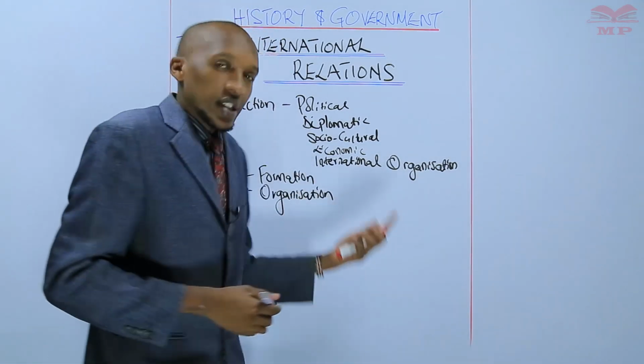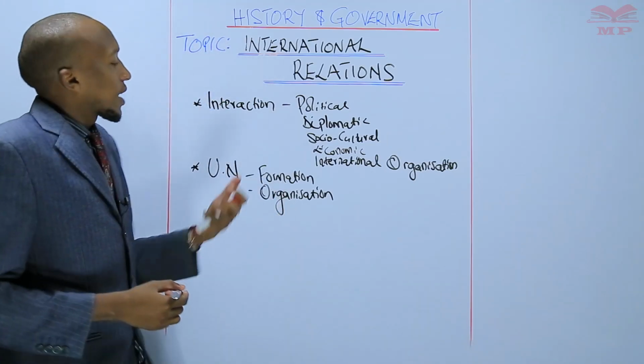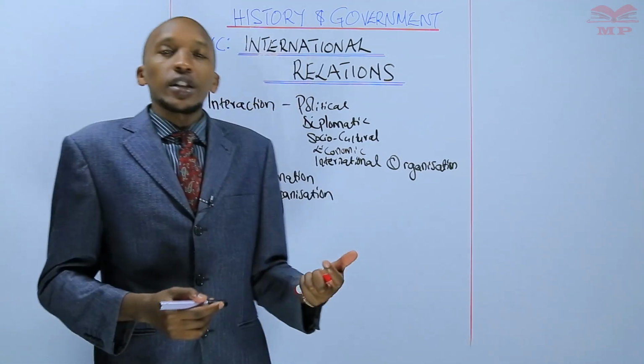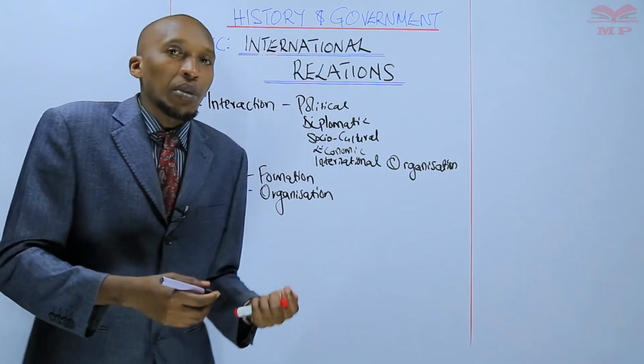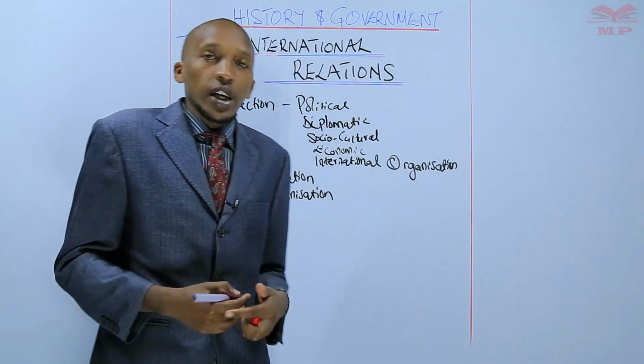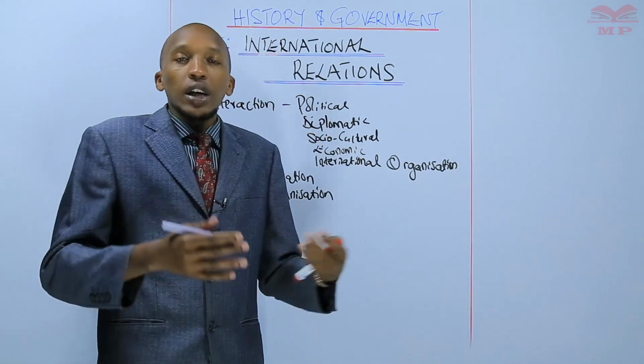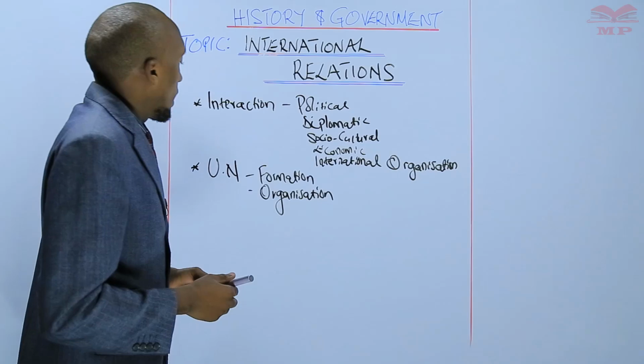Why was it created? Why was it necessary to form the United Nations? Who are the members of the United Nations? How does one become a member? We have already answered that question. So if you are joining us for the first time, I would refer you to go back to the previous lessons and see what we have already learned.